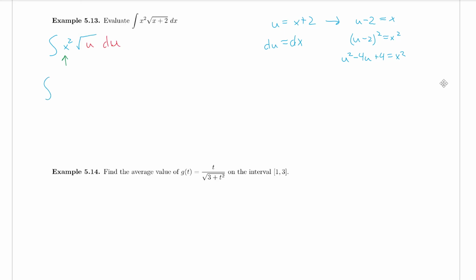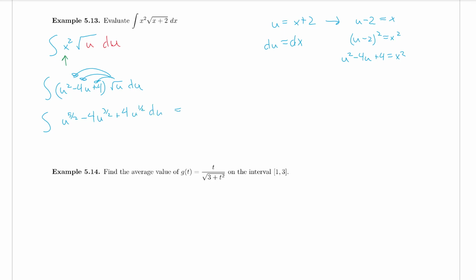So we have the integral of u squared minus 4u plus 4 times the square root of u du. Now this doesn't look much more simple, but this actually is a lot more simple because we don't have a function inside of the square root, which we don't know how to find the antiderivative of, but we can just use the distributive property here. So when we multiply this square root of u to all three of these terms, we get u to the 5/2 minus 4u to the 3/2 plus 4u to the 1/2 du.